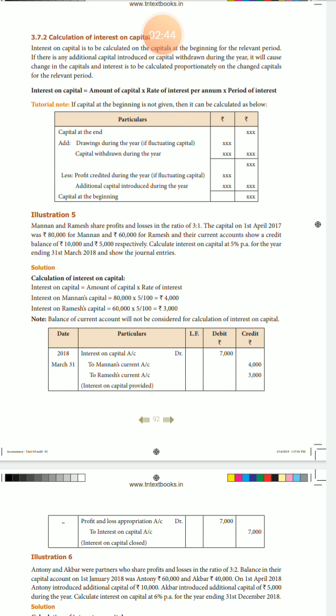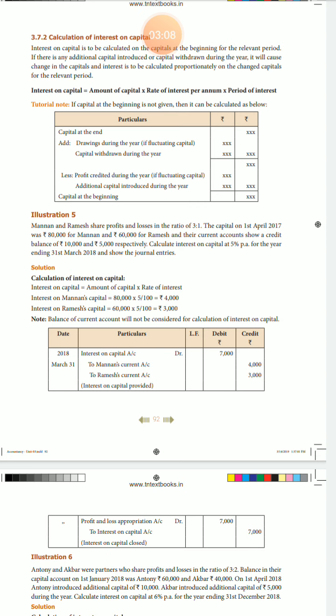Okay, students, you write the journal entry. Date, particulars, LF, debit and credit. Write this using only a single page. First you write the journal entry: interest on capital account, which is calculated in this sum.